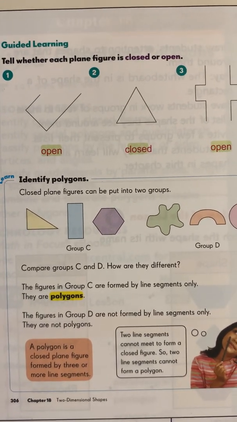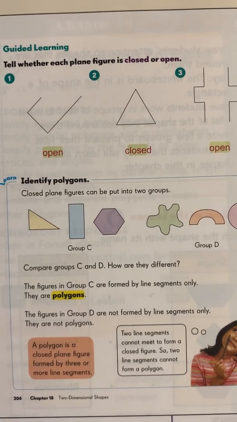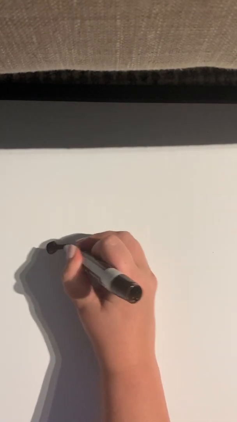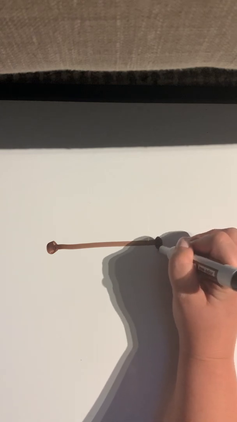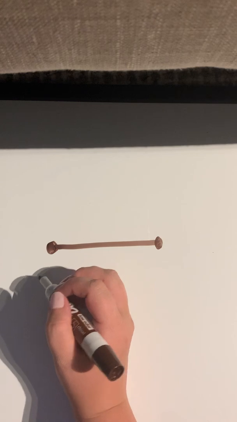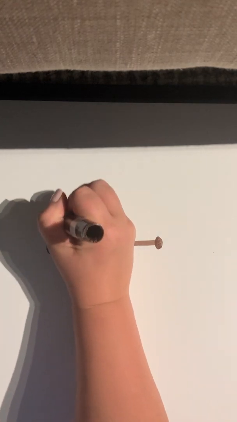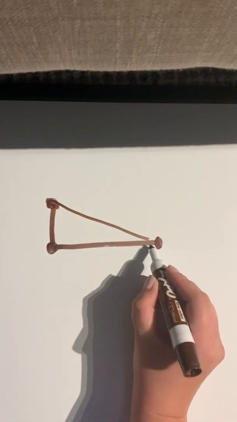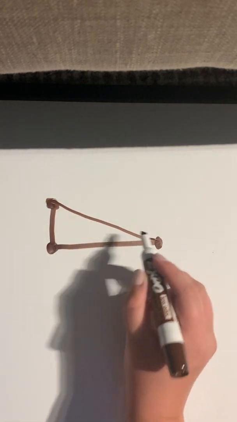Okay, we learned what a line segment is last chapter. Remember, a line segment looks like this. It has a start point and an end point with a straight line. So if I look at that first shape in group C, I have a triangle. It is formed by line segments. Do you guys see that?